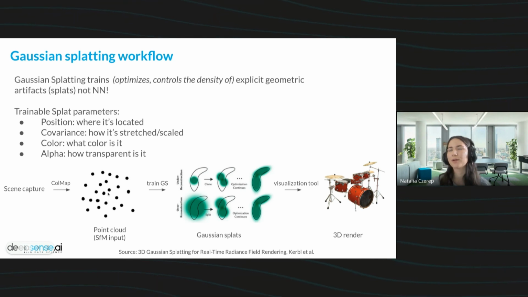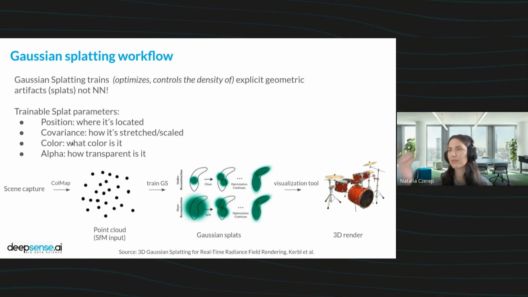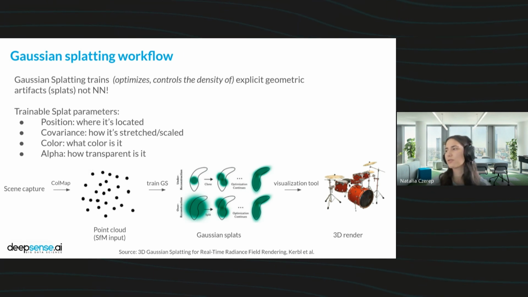But when I say train Gaussian splatting, I mean optimize its parameters. Because in Gaussian splatting, we have no neural network; we have explicit geometric artifacts, some ellipsoids that we can optimize to cover our space to look like the object that we want it to be.